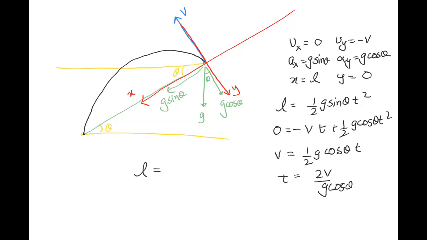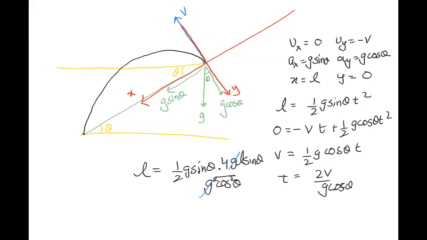So L is equal to half g sine theta into t square. But remember that v square is equal to gl sine theta.